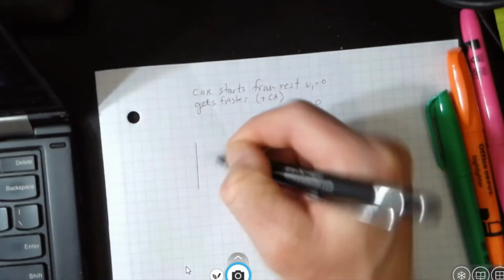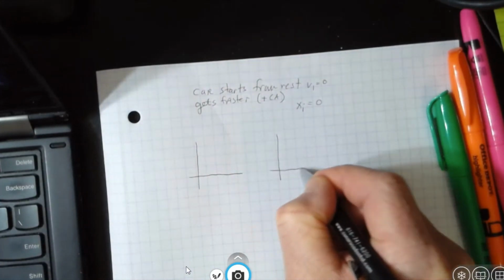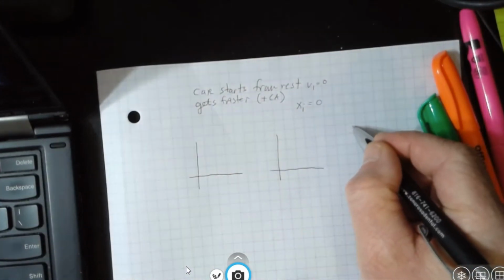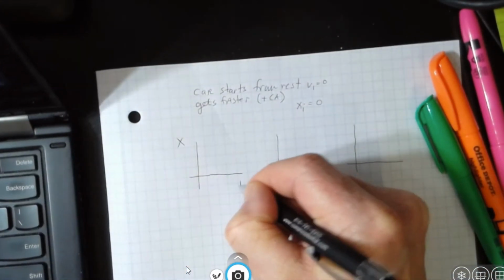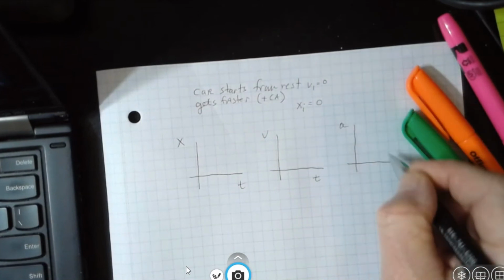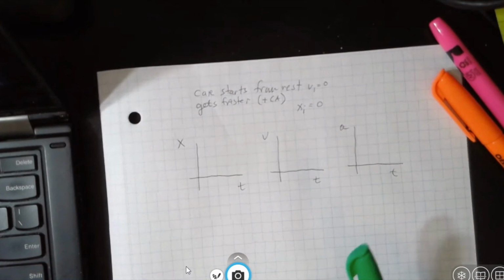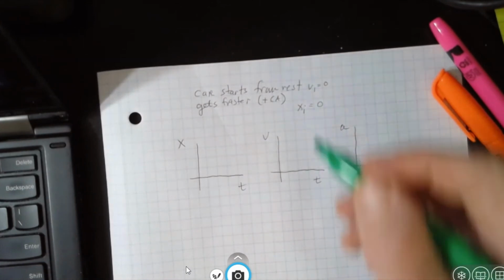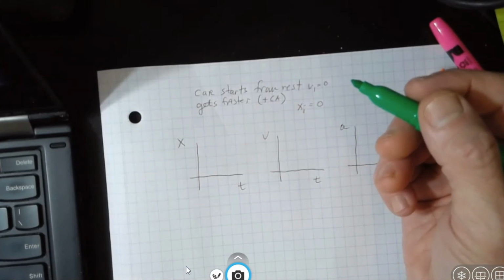I'm just going to put down our three different graphs here. We have our position-time, our velocity-time, and our acceleration-time. Sometimes it's easier for me, I like to start with the velocity graph.